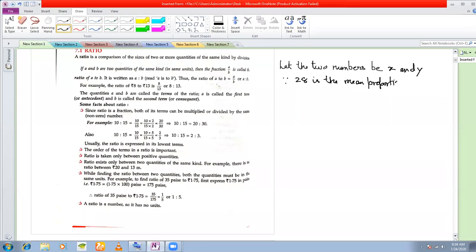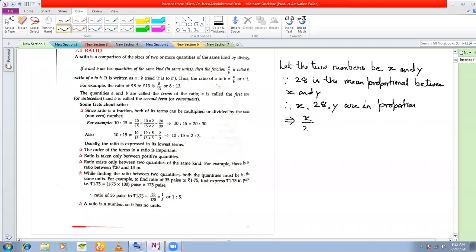Since 28 is the mean proportional between x and y, therefore x, 28, y are in proportion. Okay, so if three numbers are in proportion, we can write x by 28 is equal to 28 by y.